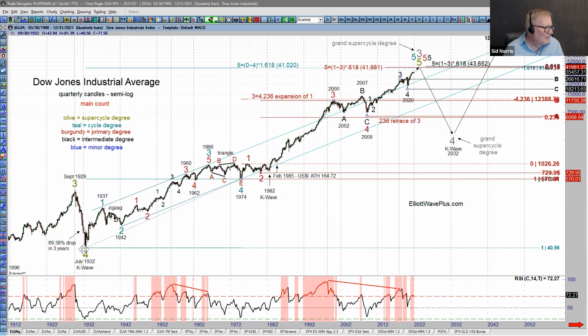So I measure the distance from this low to this low, take that times 1.618 and add that to the bottom of that low on a semi-log chart, and that brings us to 41,020.